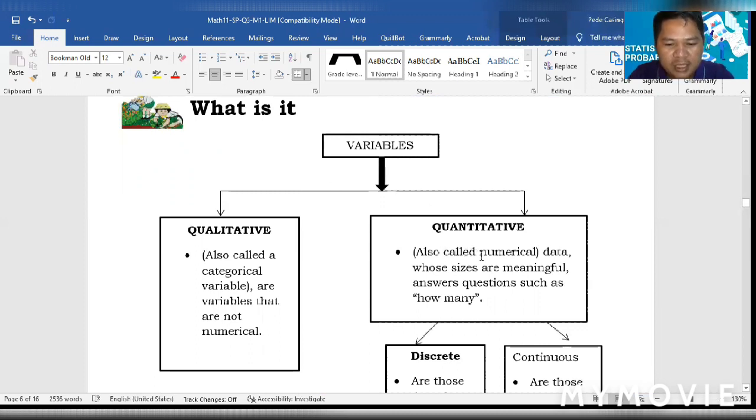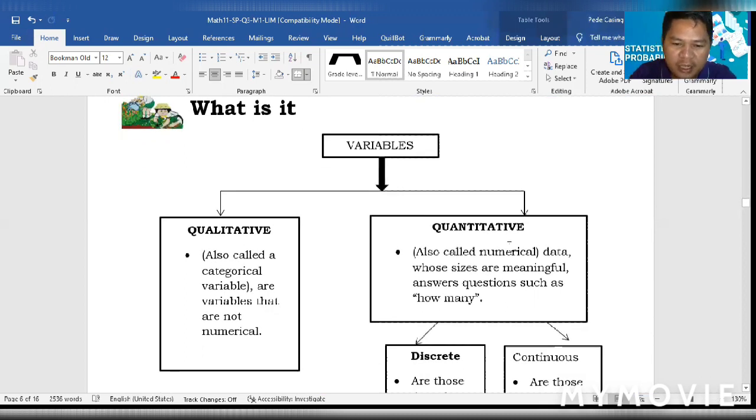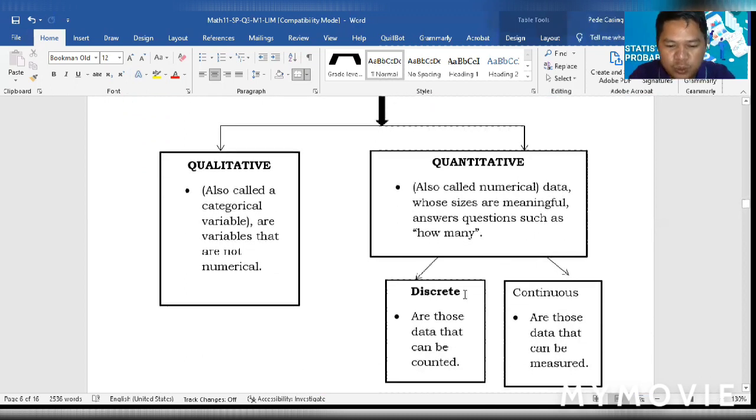Quantitative is also called numerical data whose sizes are meaningful. It answers questions such as how many, so it deals with numbers. Quantitative variables are categorized into two: discrete and continuous.